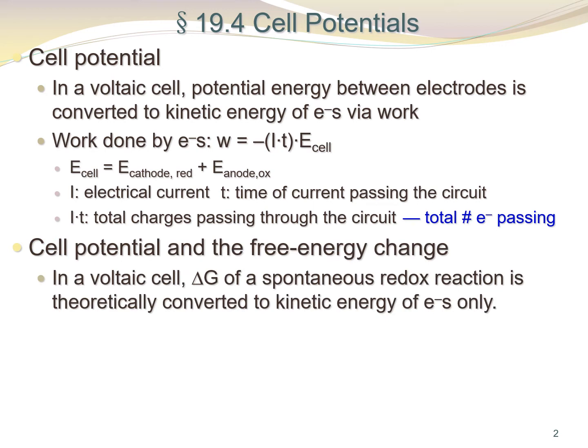In order to relate this circuit thing or physics with the chemistry, we must say, okay, in a voltaic cell or the galvanic cell, delta G, the Gibbs free energy of the spontaneous redox reaction, is theoretically converted to the kinetic energy of electrons only.